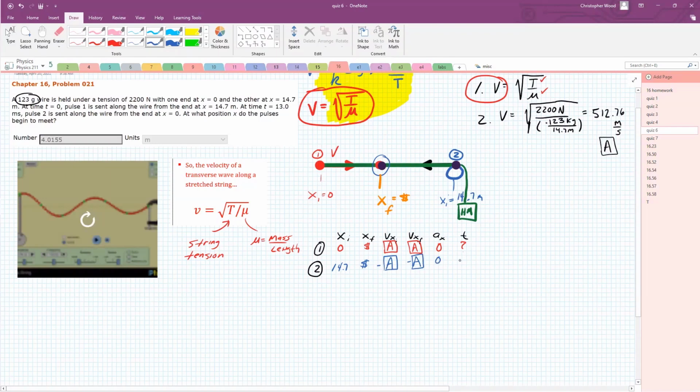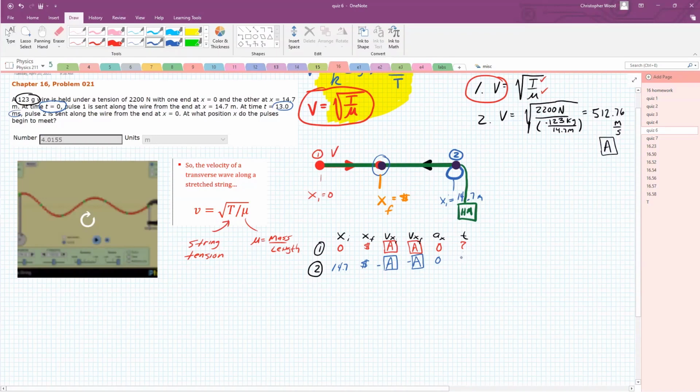Now, what do we do for time? We have to do a little time adjustment, because this problem says you fire off pulse number 1. So pulse number 1 takes off and heads rightward at time equals 0. And then you wait 13 milliseconds and fire off pulse number 2. So how do we represent that?